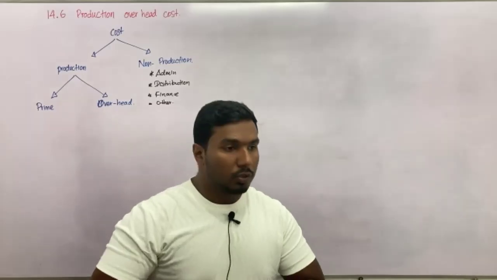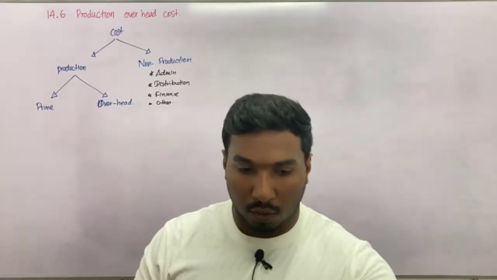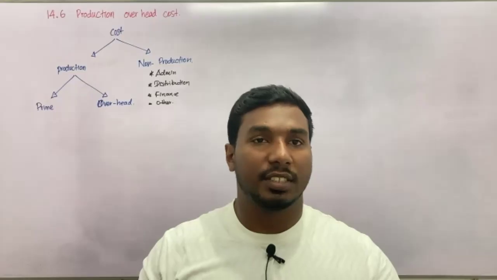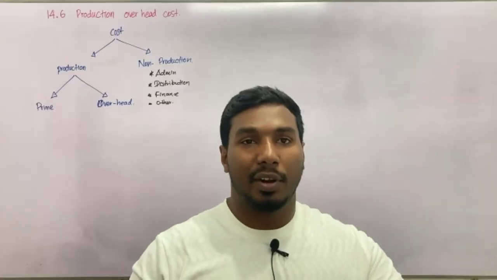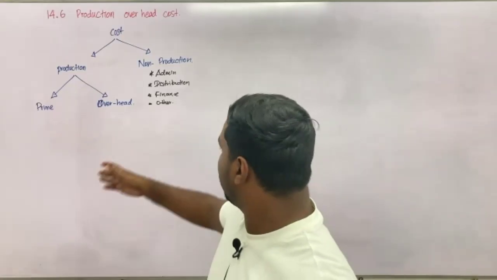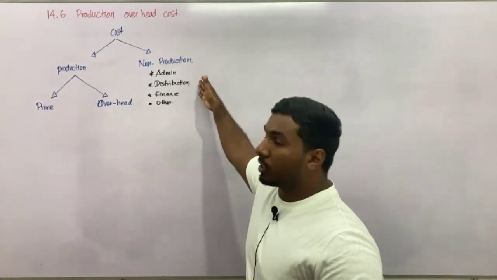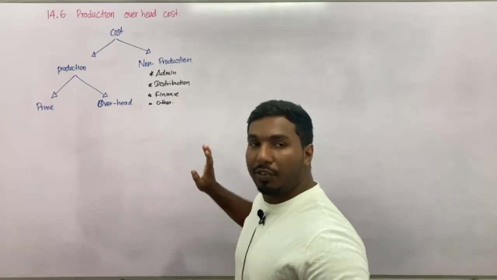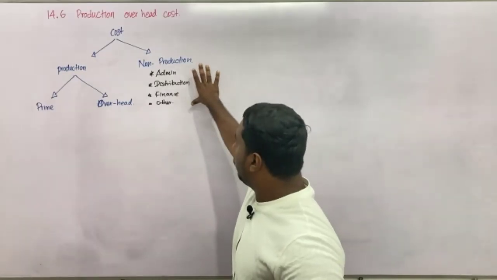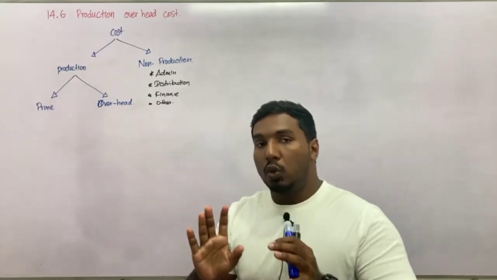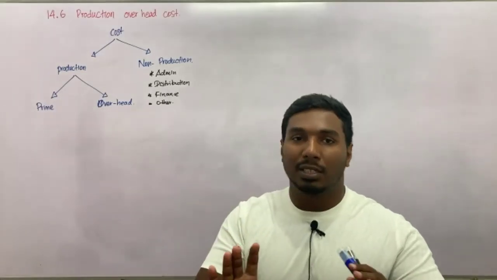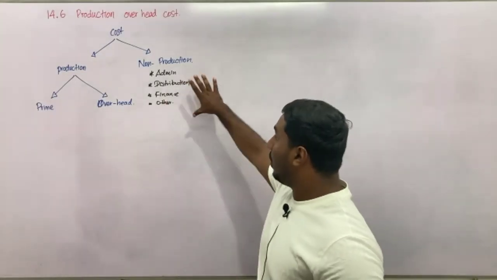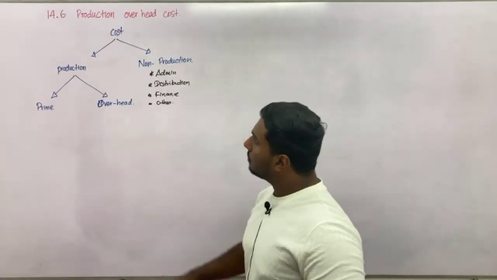Examples are the auditor's salary, director's salary, building rent, office equipment depreciation, discounts received, discounts paid, interest, and inventory written off. Those expenses do not interfere with the production process, so we call it non-production cost.